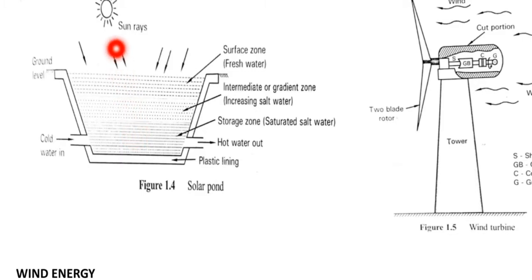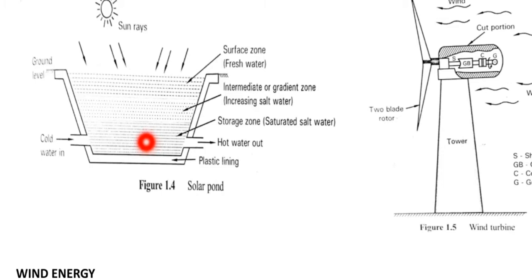When the sun radiations fall, they travel through the different zones and reach the storage zone. When they reach the storage zone, the water in the storage zone will be heated and its density will decrease. But that water cannot move into the surface zone though its density is decreased.